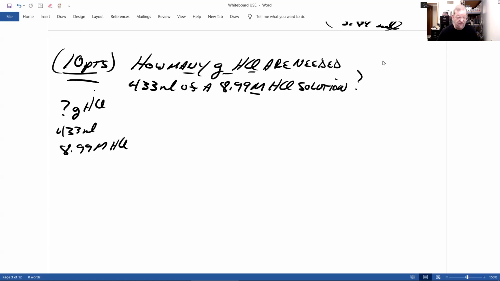Now, before I go any further, capital M, molarity. I know this means 8.99 moles HCl per 1,000 milliliters. Now, if I were to set up, can I go in one step from milliliters of solution to grams? And the answer is no.